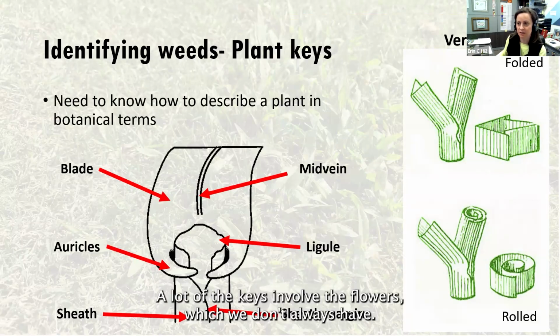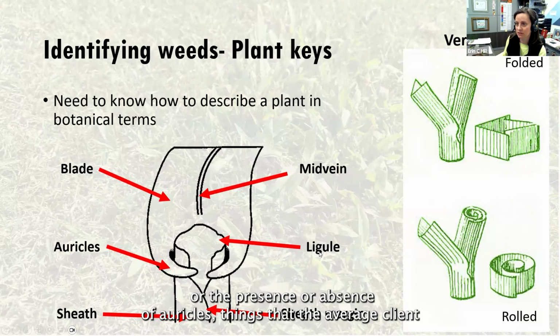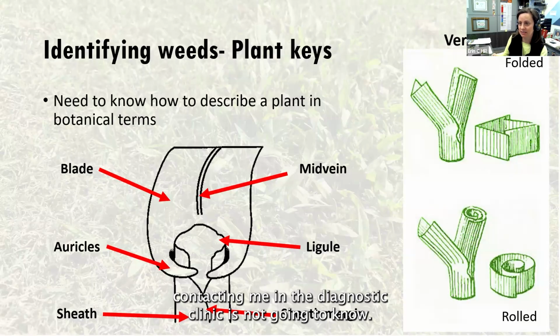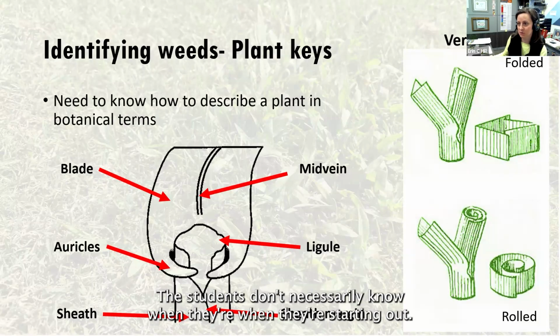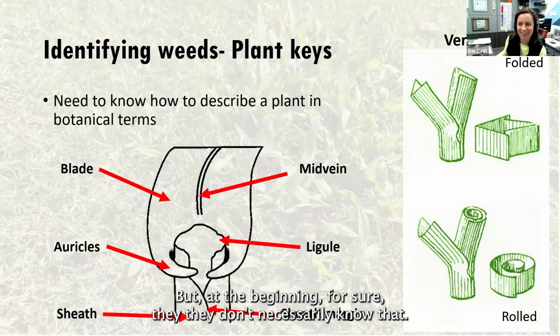A lot of the keys involve the flowers, which we don't always have. And then some of them involve other structures like the ligule or the presence or absence of auricles. Things that the average client contacting me in the diagnostic clinic is not going to know. The students don't necessarily know when they're starting out. I hope they know it after 6 weeks of talking about it, but at the beginning, for sure, they don't.